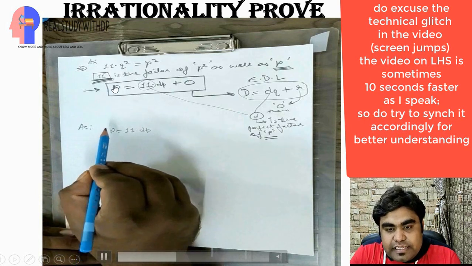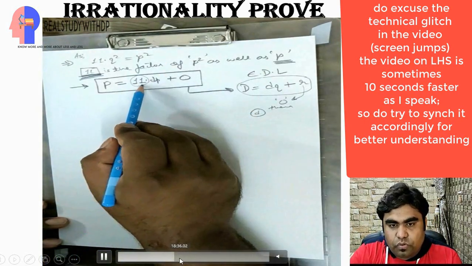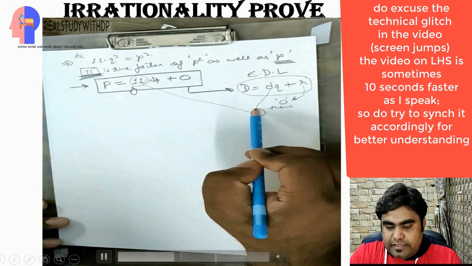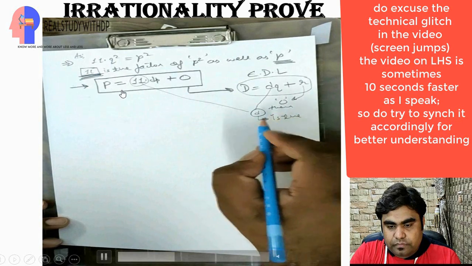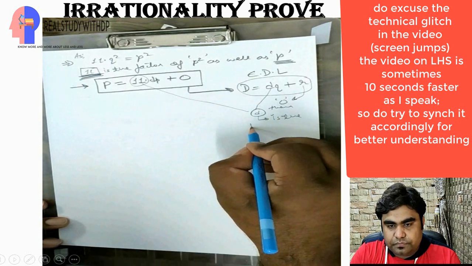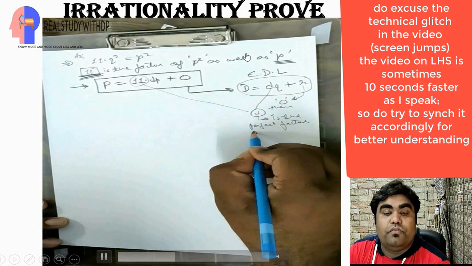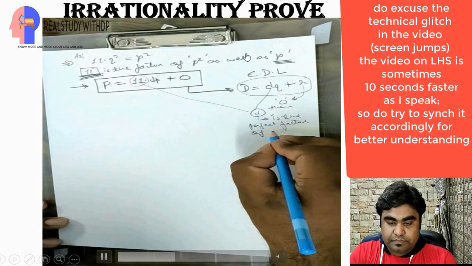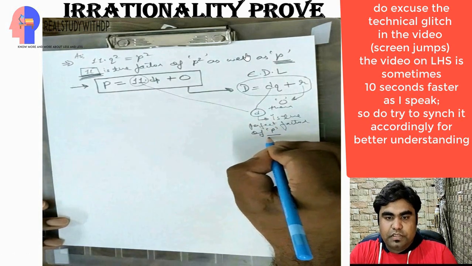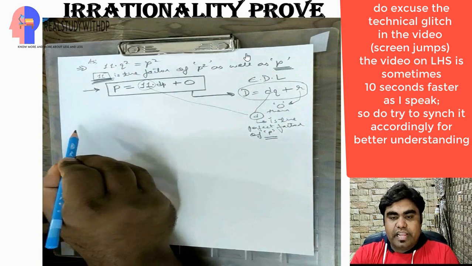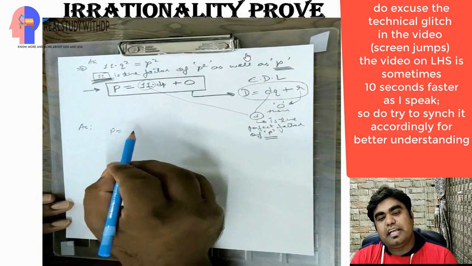So simply we can write p equals 11 times dp.